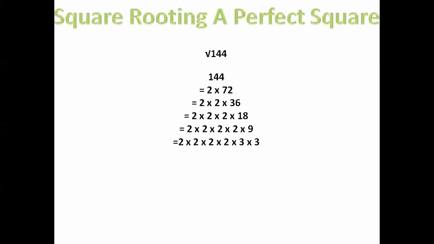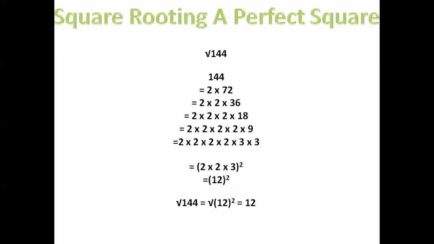Now we can group these together and we can see that there are two bunches of 2 times 2 times 3, which means (2 times 2 times 3) squared. And if we multiply that together, what's in the brackets there, we get 12 squared.